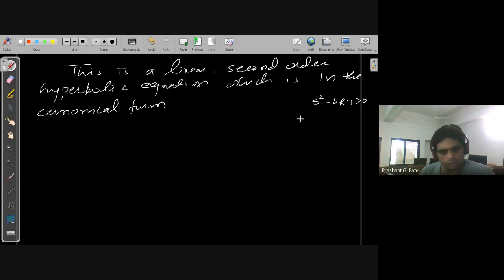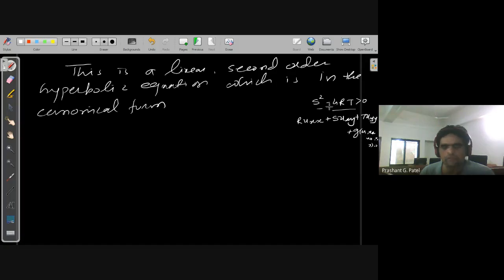That is, the equation which we have is of the form r u_xx plus s u_xy plus t u_yy plus some function of u, u_x, u_y, x and y equal to 0. If the equation is of this type, then when s square minus 4rt is greater than 0, we can say that it is of hyperbolic type.